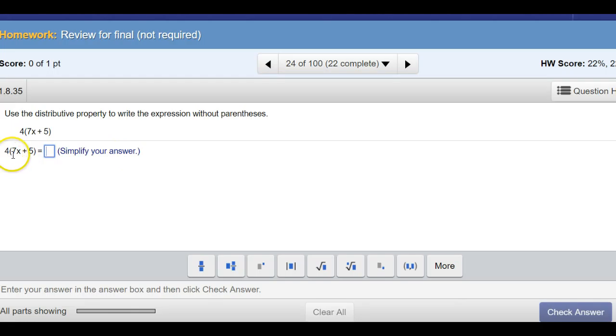So it's 4 times 7 is 28. And then x, 28x. Then we put a plus sign. And then 4 times 5 is 20. And that looks good. And again, check your answers. You have it on your blue sheet. You have it there. Be sure it's your best effort.